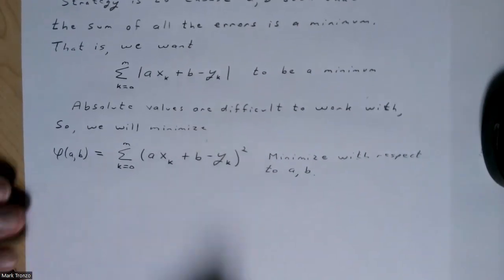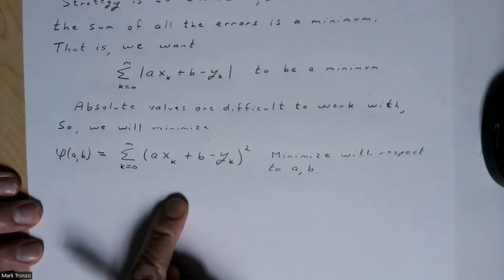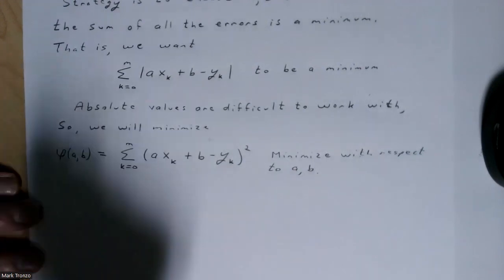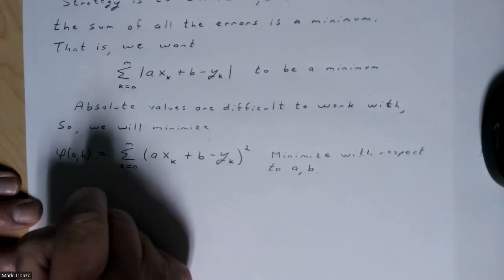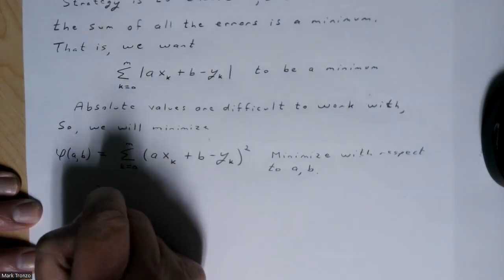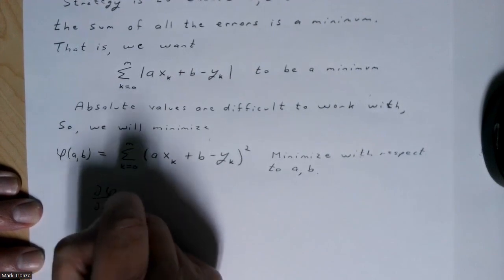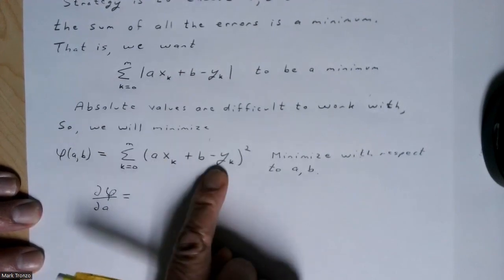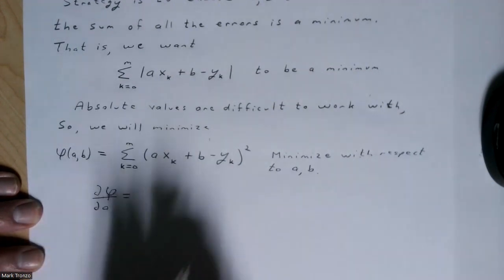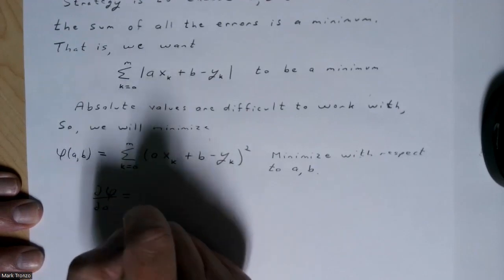And so you remember, anytime you want to minimize something, you have to take the derivative of this. So we're going to take the derivative of this with respect to A and B. So let me go delta psi. Again, if you don't want to use this Greek letter, you can just give it a different name. So I'm going to take the derivative of this thing with respect to A. And that would mean, of course, when we take the derivative, bring the 2 forward.